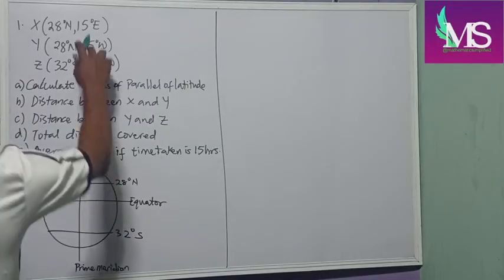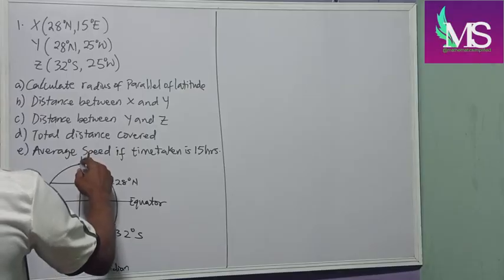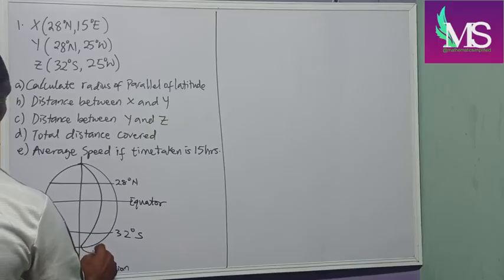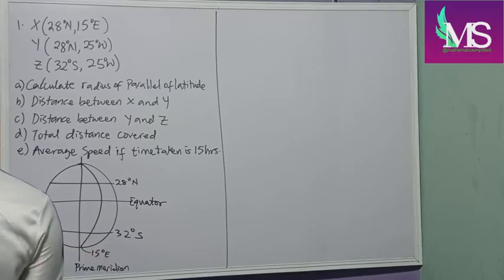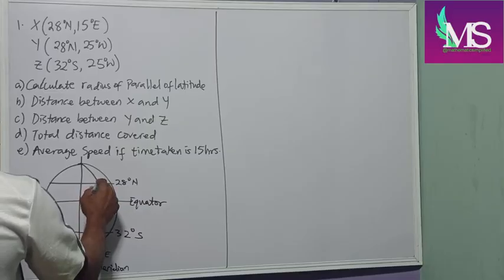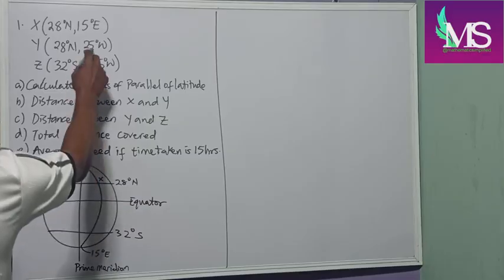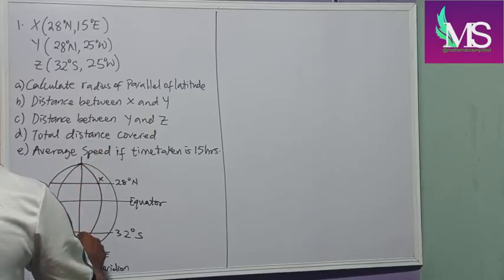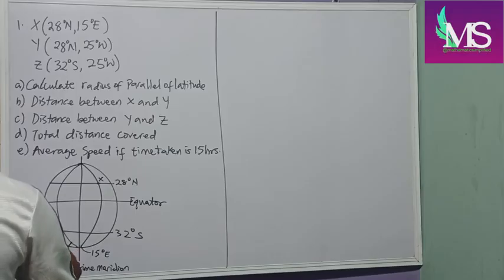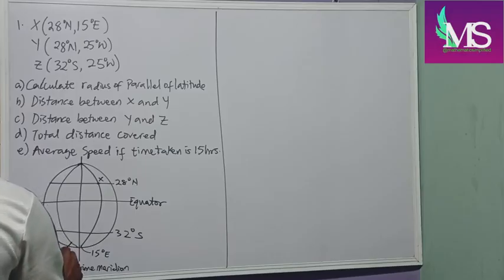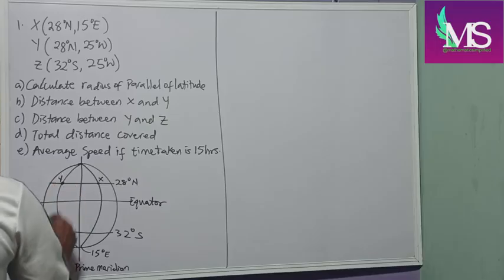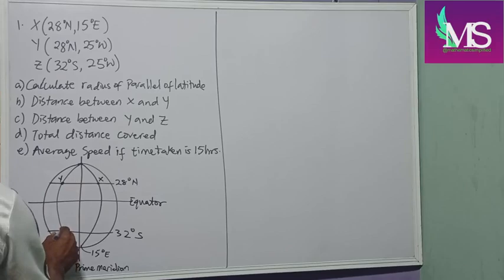Now we have 15 degrees east. So this forms our position X, and we have 25 degrees west. So this forms our position Y, and this forms our position Z.